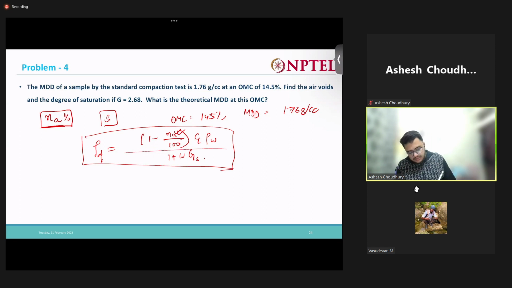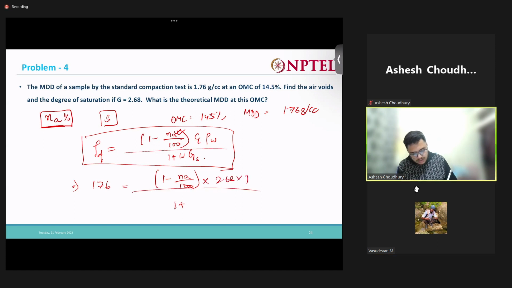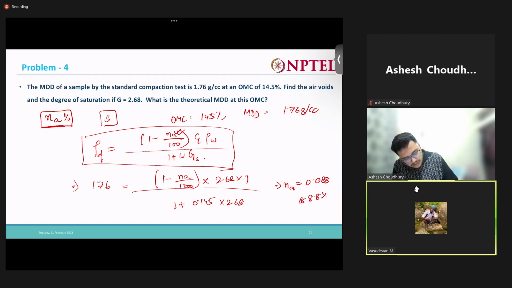So 1.76 equals 1 minus Na by 100 into 2.68 into 1 by 1 plus 0.145 into 2.68. 0.145 because w is 14.5%. If you solve this, you will get Na equal to 0.088, or 8.8%.